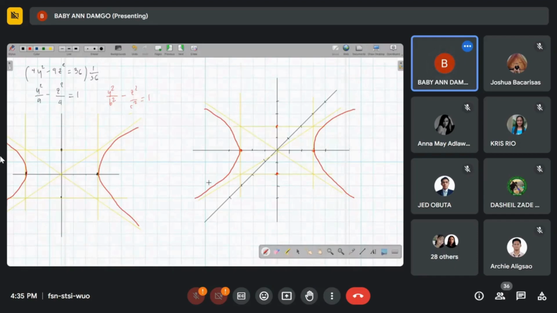So from here, this is when x is 0. For y, when x is 4. Pwede ta mag-create diri. So 4, diri no? And then we have 1, 2, 3, 4. So 1, 2, 3 rada for y. And then here, 1, 2, 3.